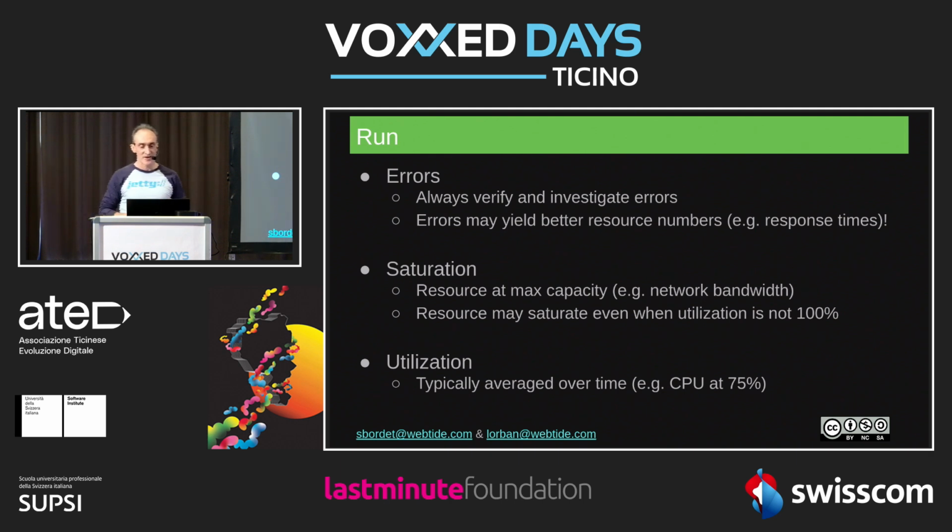Bear in mind that a resource may saturate even when the utilization is not 100%. Why is that? Because utilization of a resource is typically an average. And if you average over things, you can have a peak where you're saturating your resource, and then immediately afterwards the saturation goes away, and maybe you don't use the resource that much anymore.